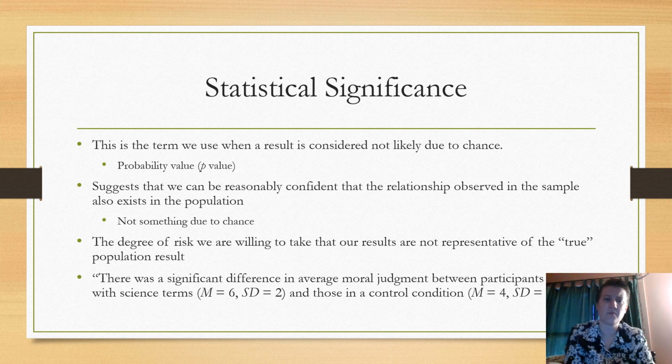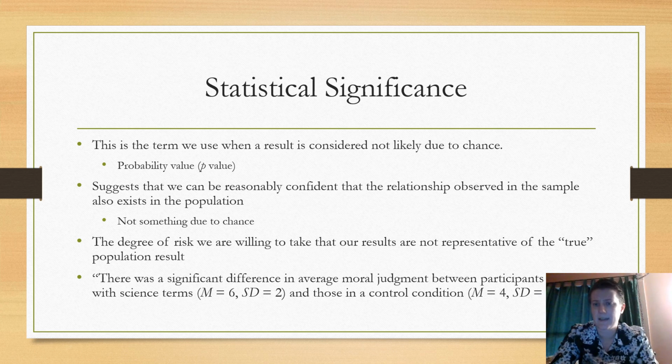So in order to gain this information about statistical significance, we need to have our descriptive statistics. You'll see here this example of, there was a significant difference in average moral judgment between participants with science terms, with a mean of 6 and a standard deviation of 2, and those in a control condition with their means and standard deviations.